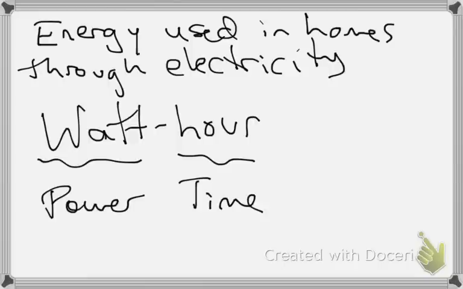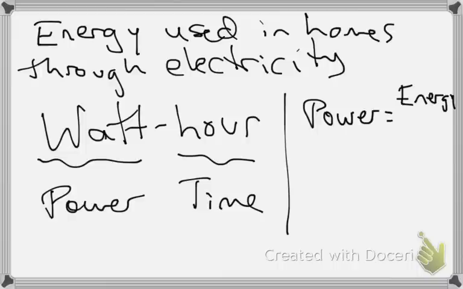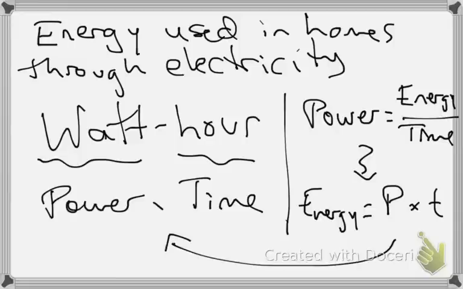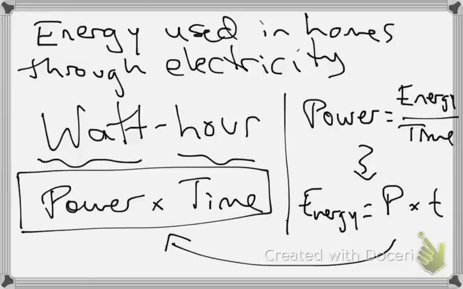And if you remember that power is energy divided by time, energy is power times time. So there we go. A watt-hour, power times time, this is actually a unit of energy, not power. It's a funny unit because it has this power unit in it, but it turns out that a watt-hour is a unit of energy.